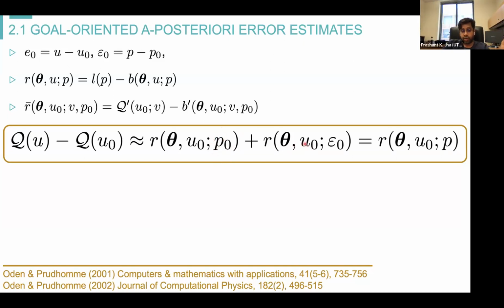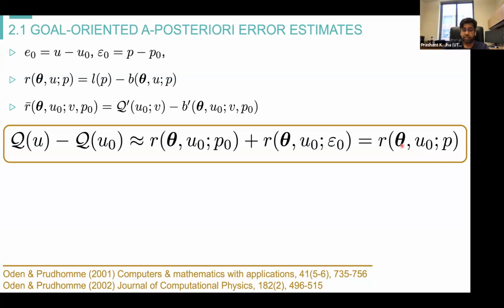And then you have another residual evaluated at E0 and epsilon 0, which is the error in the adjoint. Assuming that the residual is linear in the last argument, you can sum P0 and epsilon 0 to get this reduced expression, which evaluates the residual at the approximate solution U0 and the adjoint solution of our original problem, P.